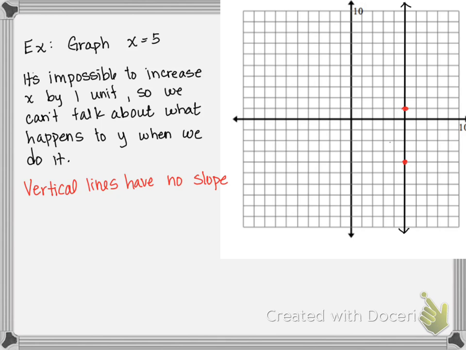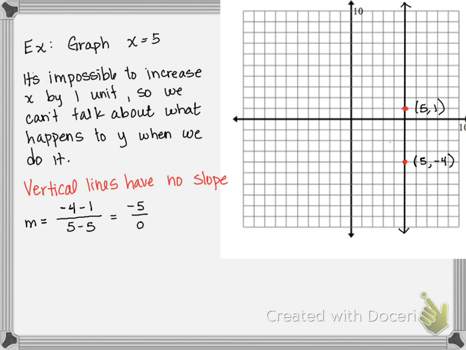So if I have 2 points on this line, let's see, (5, -4) and (5, 1), and I attempt to find the slope, then we've got m equals -4 minus 1 over 5 minus 5, which gives me -5 over 0.